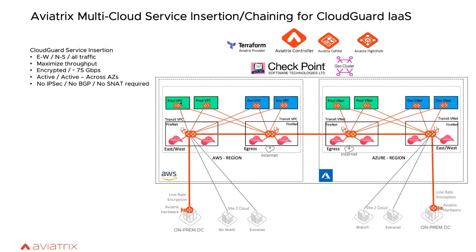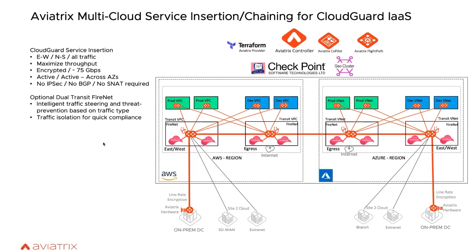The solution is active, and not only active in the sense that CloudGuards are working together at the same time, but also we are taking care of the deployment aspects and making sure that these CloudGuards are deployed across AZs. So in case you have some problems with the AZ, we want to make sure that your workloads are being inspected. There is no IPsec, no BGP, no SNAT required. This is all using the native constructs and our cloud gateways and controller architecture.